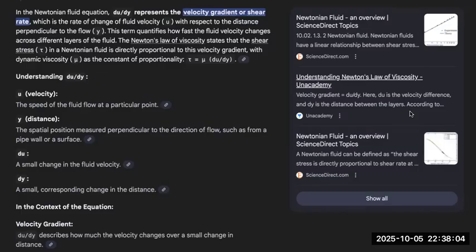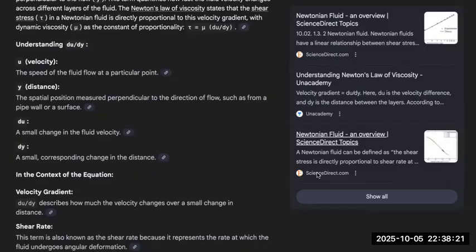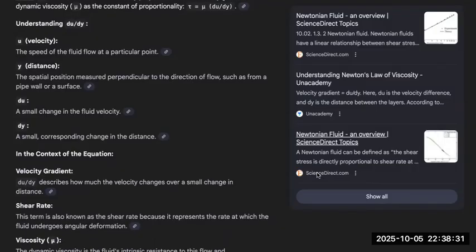Newton's law of viscosity states that the shear stress tau in a Newtonian fluid is directly proportional to this velocity gradient, with dynamic viscosity mu as the constant of proportionality. So u is the velocity or the speed of the fluid flow at a particular point. Y is the distance, which is the spatial position measured perpendicular to the direction of flow, such as from a pipe wall or a surface.